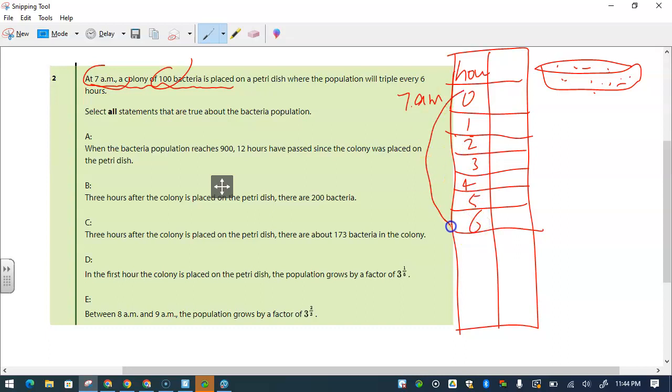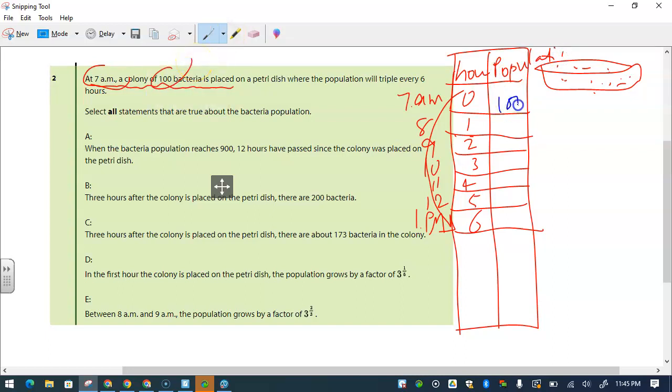So this is 8 a.m., this is 9 a.m., this is 10 a.m., this is 11 a.m., this is 12 noon, and that is 1 p.m. So that is 6 hours from 7 a.m. And the population of bacteria, you can write this as population. In the beginning there was a population of 100.